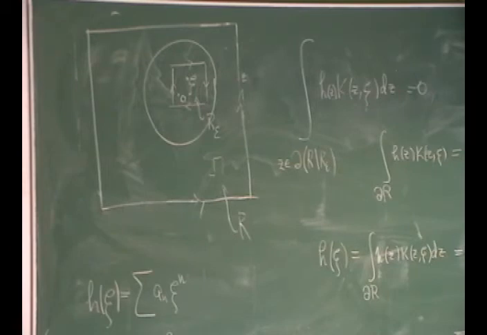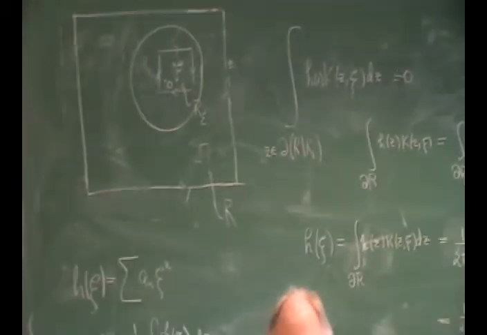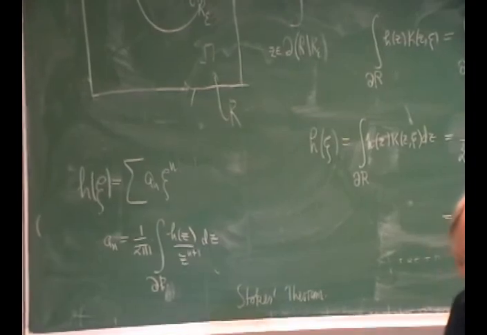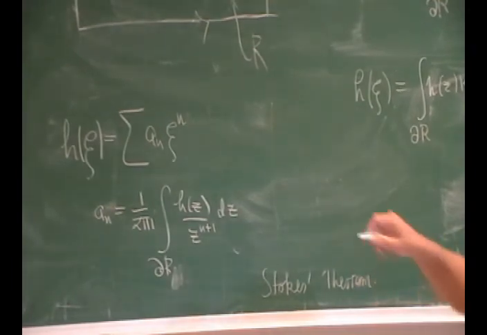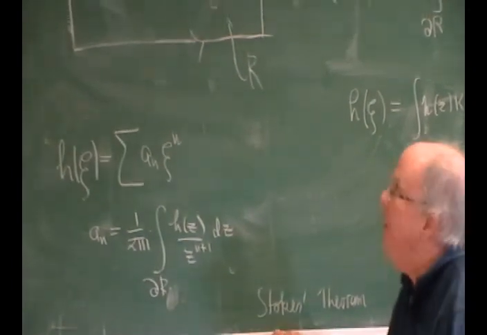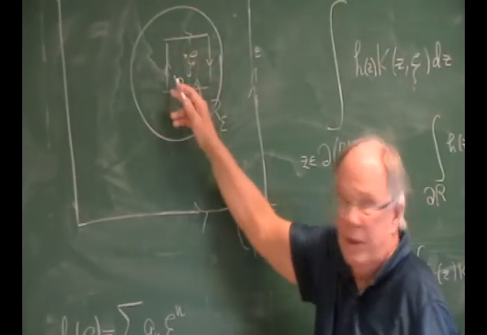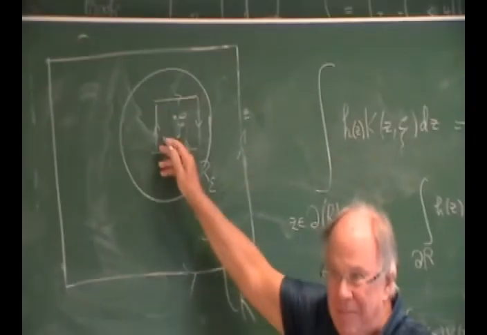I have a disk around that, and we can assume this is R. Because the outer integral around R is equal to the integral in here, as Nico said, but then I took the limit to get that.